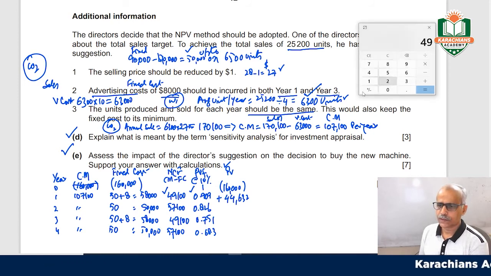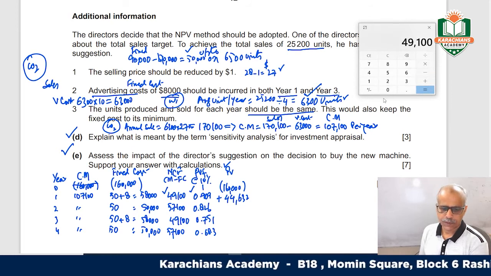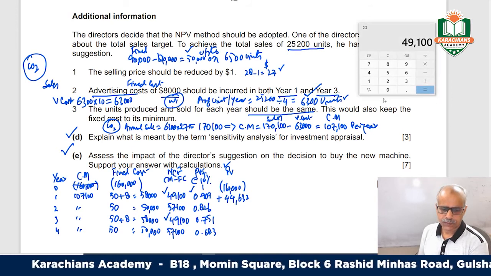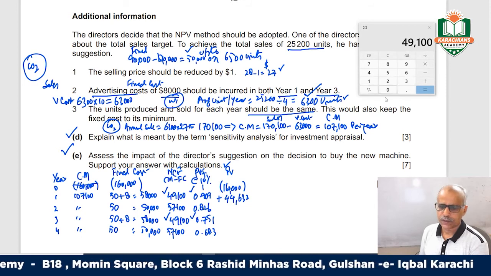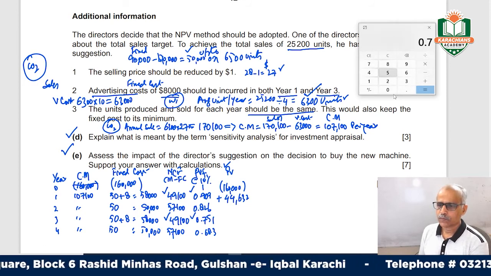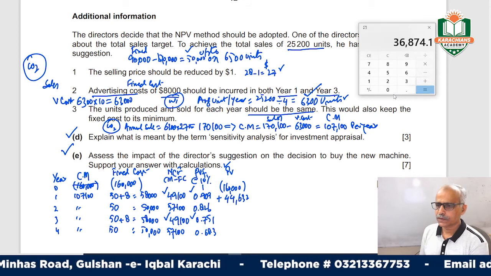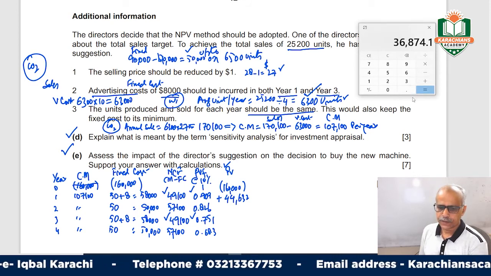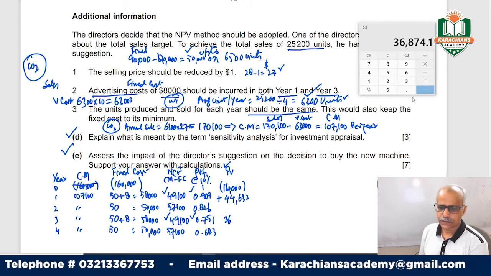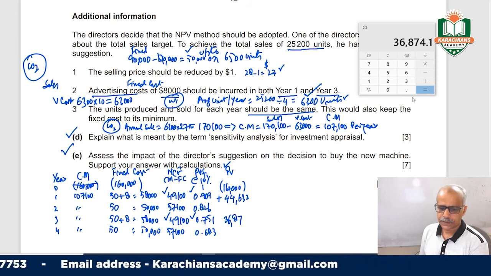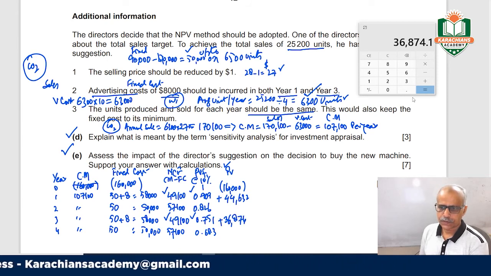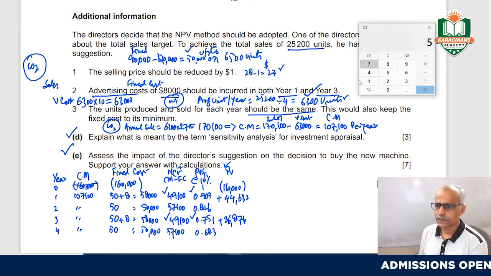Likewise 49,100 multiplied by 0.751. So this will be 36,874.